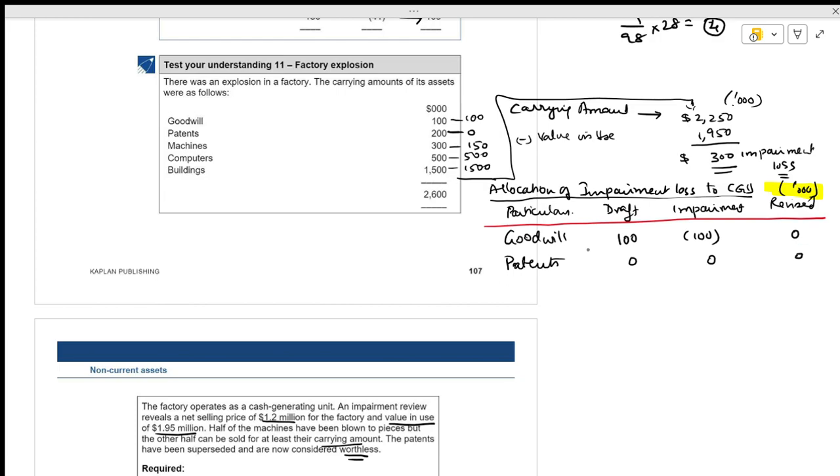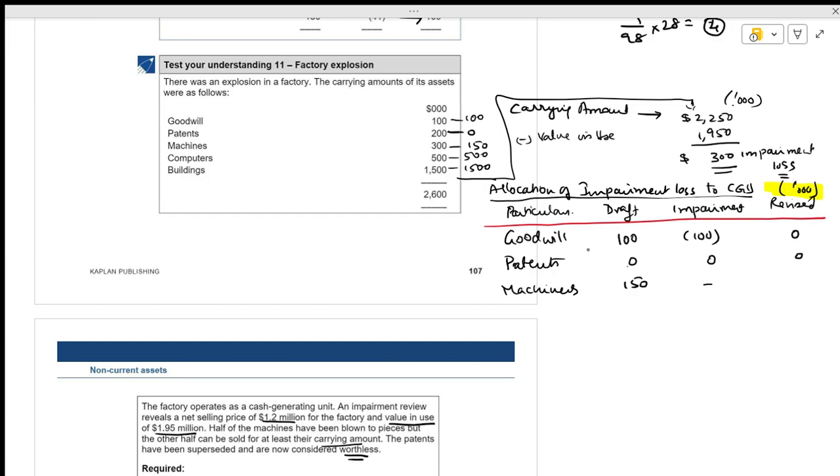Next are the machines. The carrying value of machines is 150. Half of the machines have been blown to pieces, but the other half can be sold for at least their carrying amount.